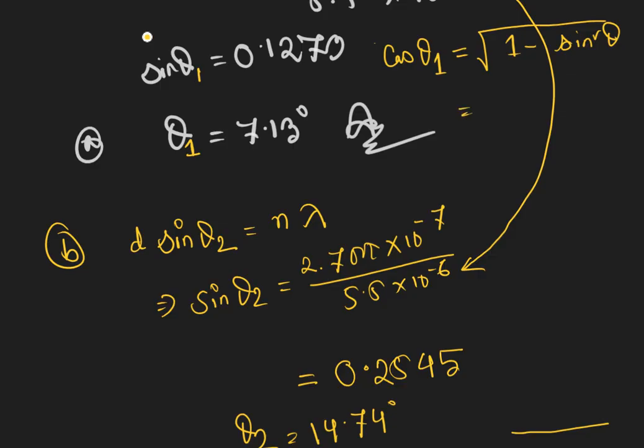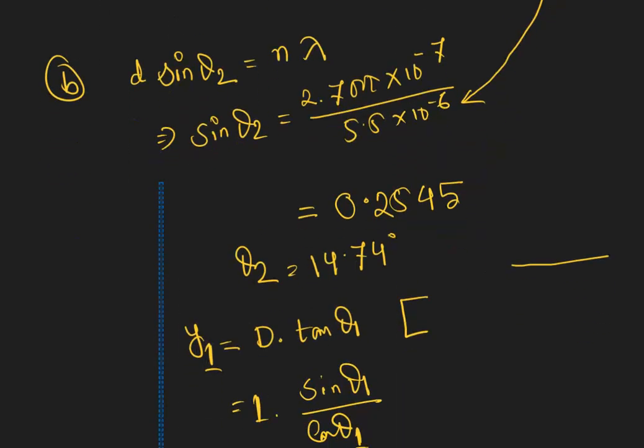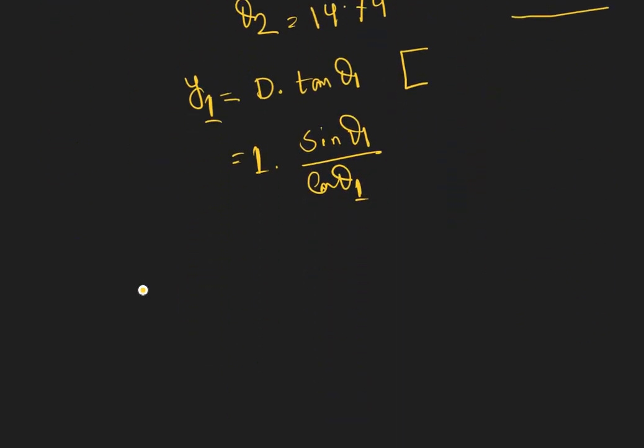So here we have got the value of cos theta 1. I'm not wasting time. It's your turn to calculate the value. Now plug in the value of sine theta 1 and cos theta 1.